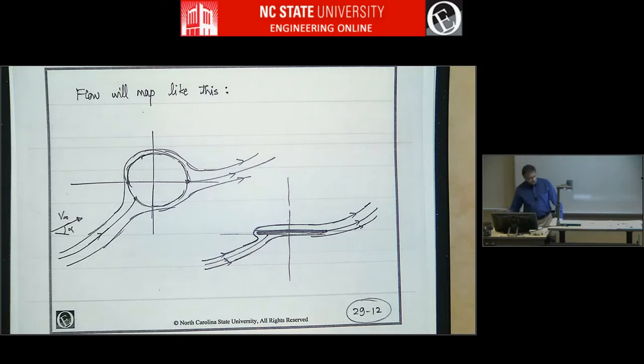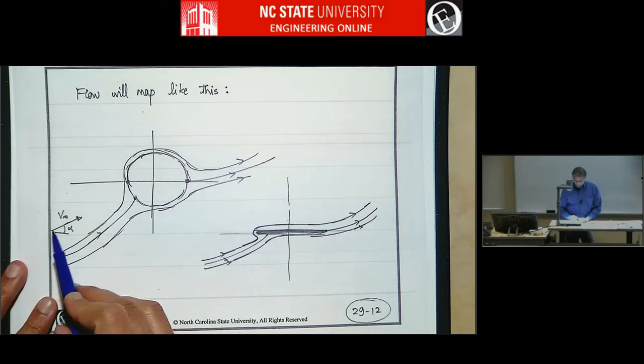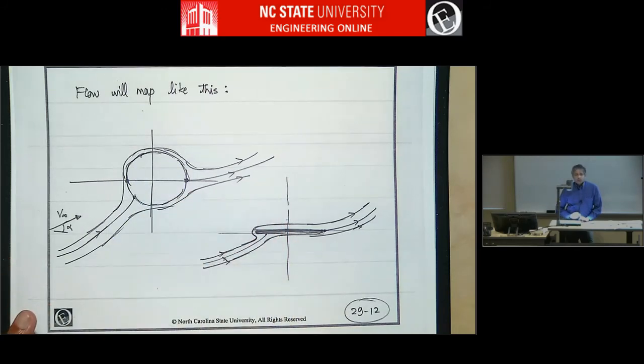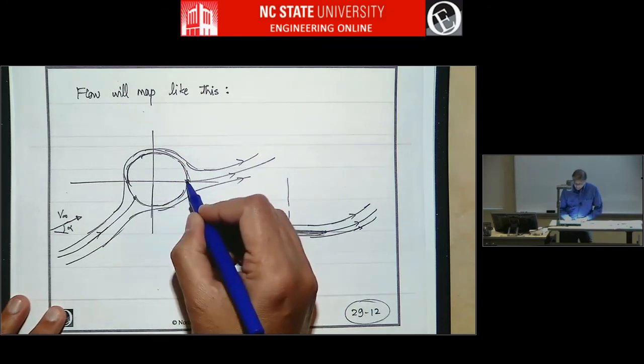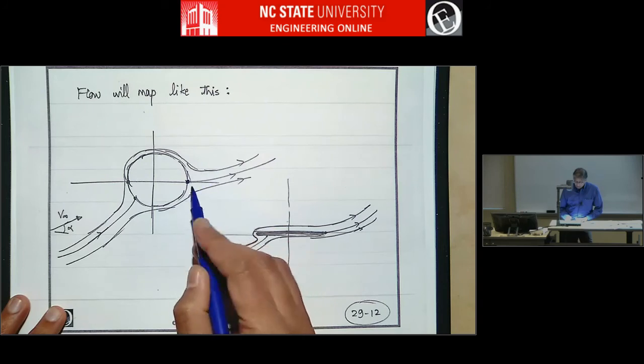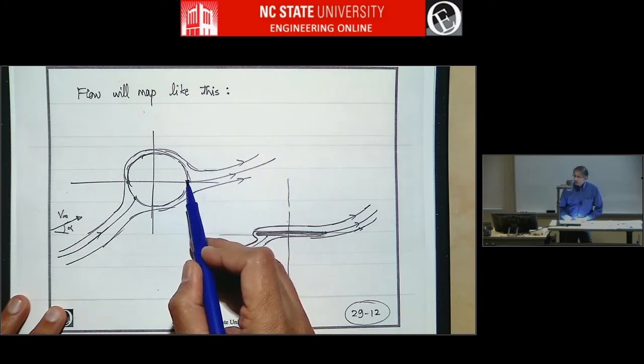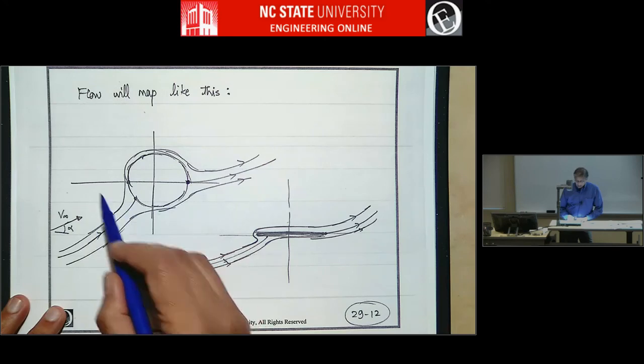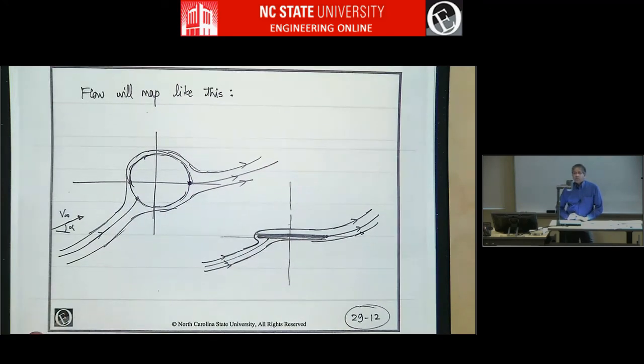So flow due to V infinity at some angle of attack around this cylinder. Remember, this is a lifting flow. Even though it's a flat plate flow, it's a lifting flow because we are forcing the rear stagnation point to be here. And this flow will actually get morphed to this, which is the potential flow past a thin flat plate.